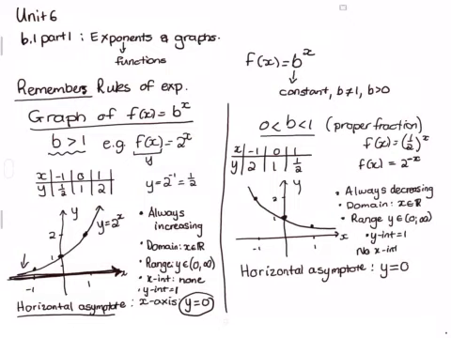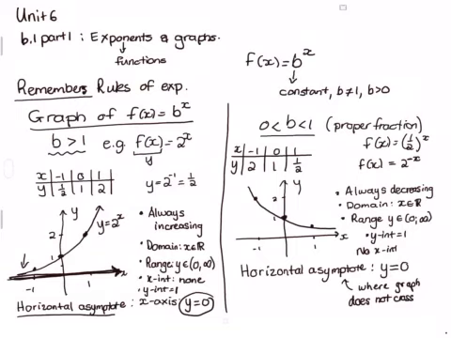Right, so remember the word asymptote is where the graph does not cross. And this one is horizontal because the x-axis is a horizontal line.